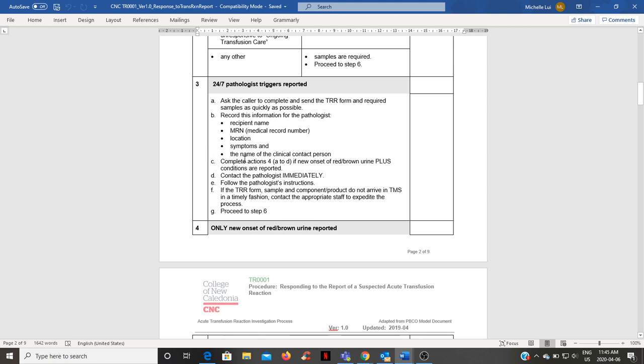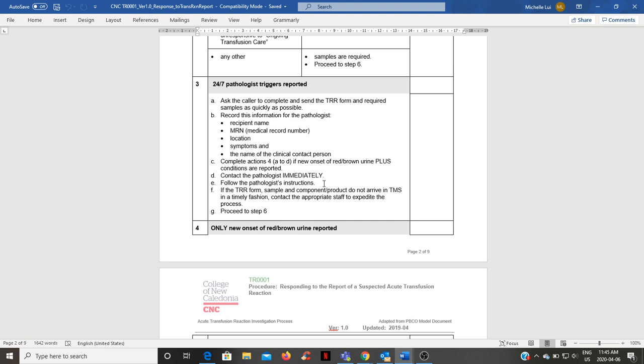Complete some other actions if they're also reporting red-brown urine. In this case, they're not, so that's fine. D here, contact your pathologist immediately. Doesn't matter what time of the day, there will be a pathologist on call, so it could be during the day, evening, nighttime. This means now. So you would do that. Follow the pathologist's instructions. So this would be normally quarantine other products for this patient.